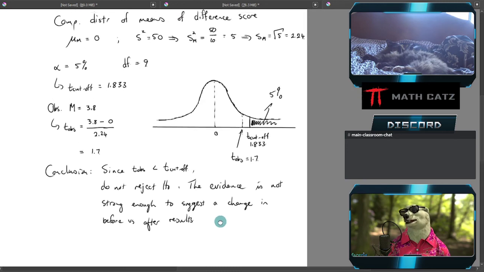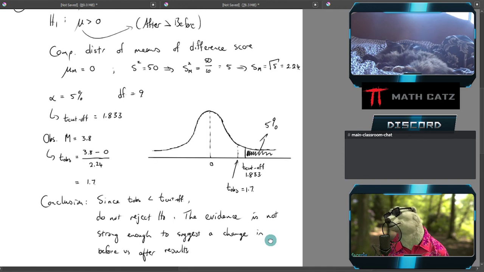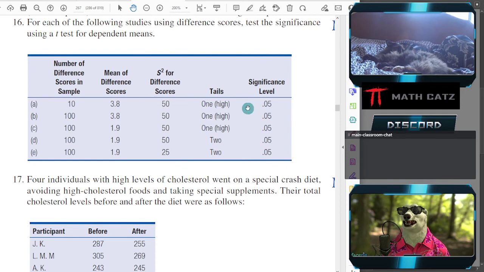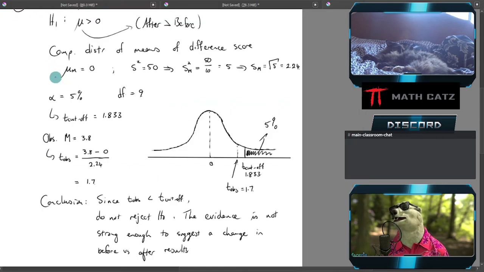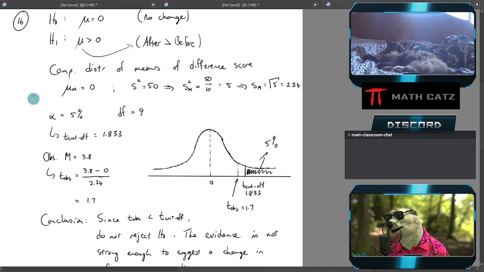Again, I can be more specific here and talk about a treatment and so on if I knew the story, which I don't in this case because they just give me the information summarized. So I can't really be too wordy there, but the logic behind the hypothesis testing procedure is the same.